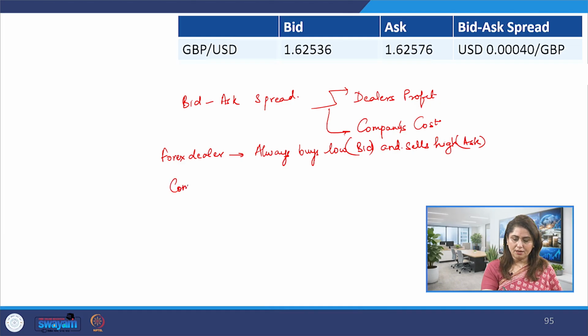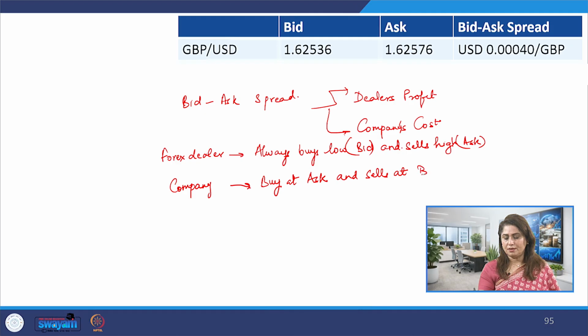While for the company, it gets the worst rate. It buys at the ask and sells at the bid. And this spread is the transaction cost for the company, while the spread is the profit margin for the bank or the forex dealer.